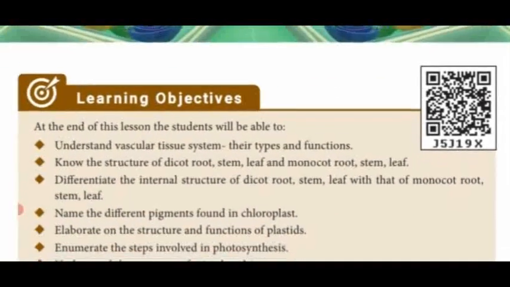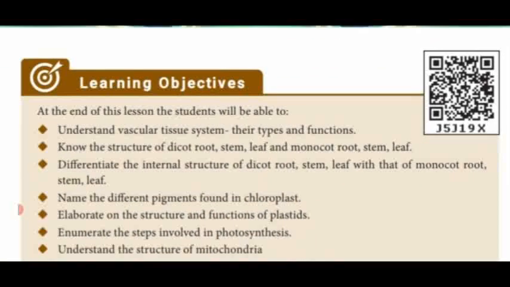Dear students, last video class, we have seen what is tissue, different types of tissue system, and their types and function. Then the internal structure of dicot root, stem, leaf, and monocot root, stem and leaf.